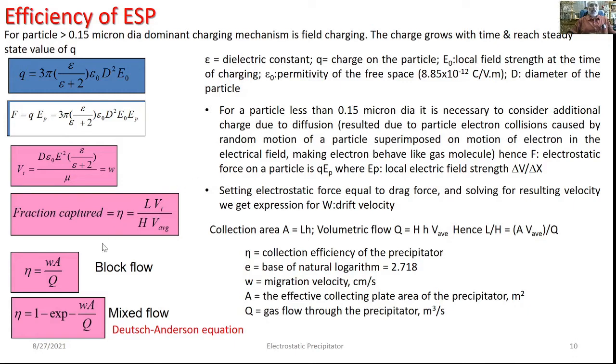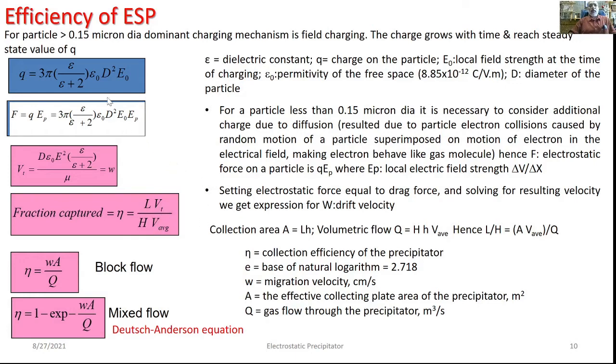Also, as we had the discussion for the gravity settling chamber as well as the centrifugal based device like the cyclone, we devised the expression that the fraction captured can be given by eta in terms of L Vt divided by H into V average.